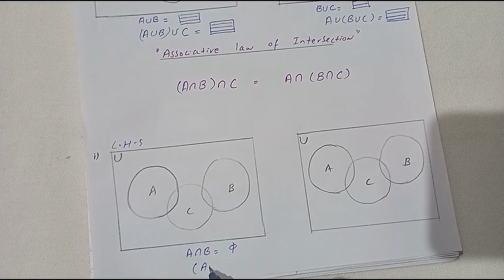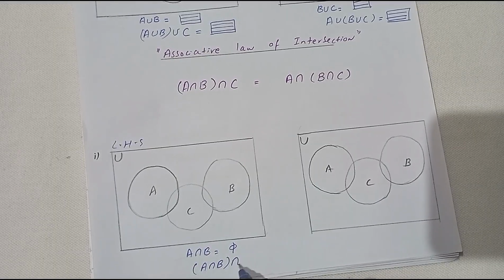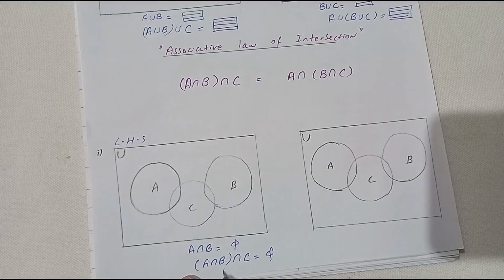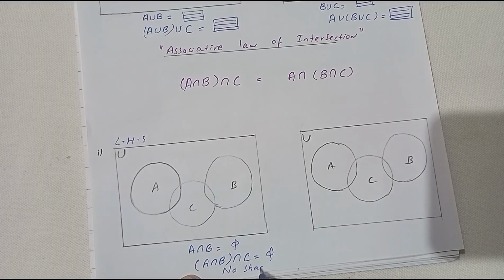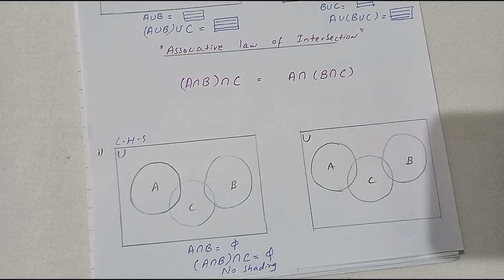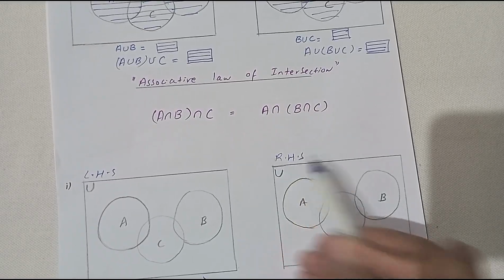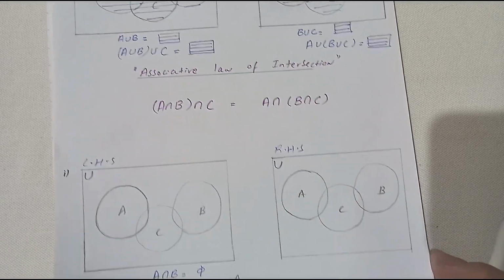And A intersection B intersection C is also equal to the phi set, so there is no shading. Now proving the right hand side, that is A intersection (B intersection C).